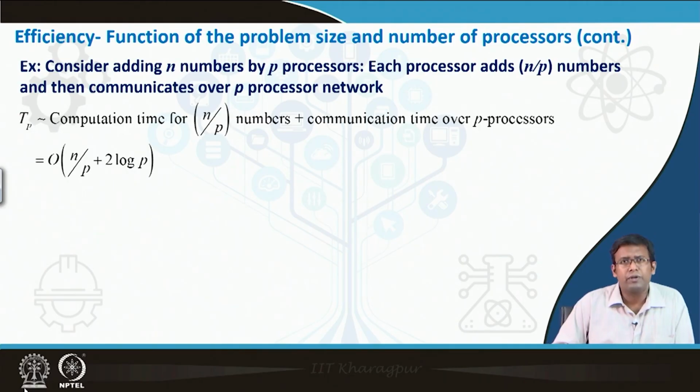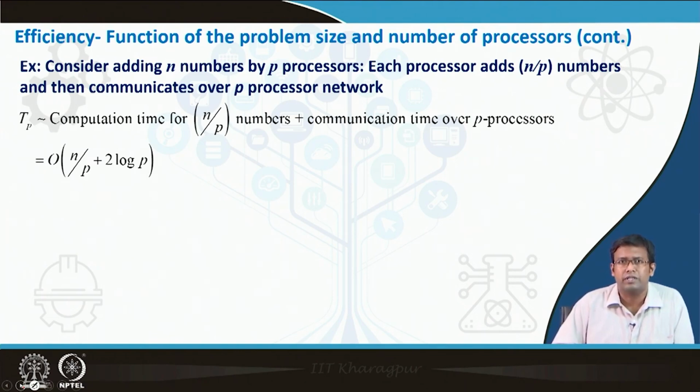So, the computing time in a parallel setup will be the computing time for n by P numbers. What is adding n by P numbers? The computing time will be of the order of n by P floating point operations, and there is communication time over P processors, because each processor has its local sum which is communicated.